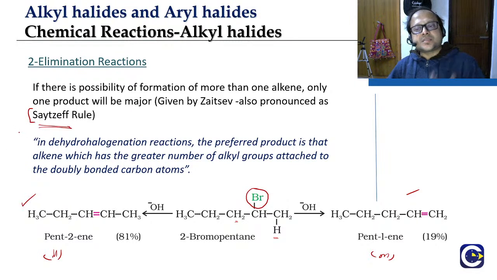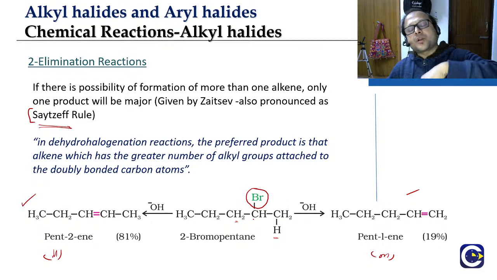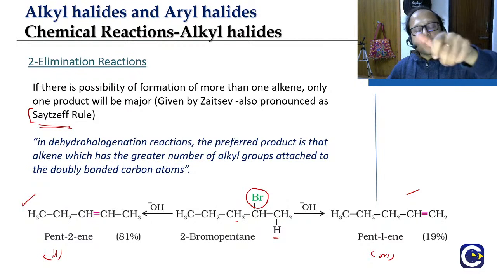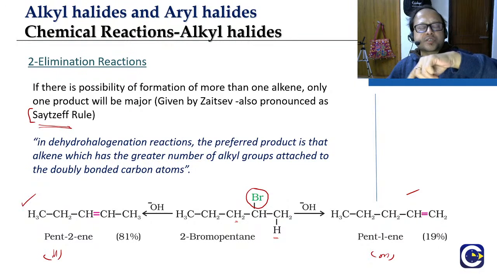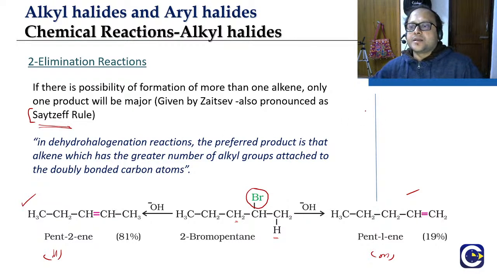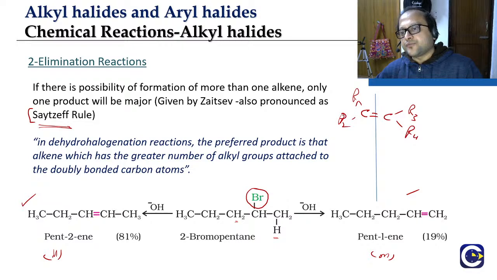So basically what happens here is that for elimination, after formation of the alkene, whichever has more alkyl groups present on the double bonded carbons is always more stable than any other isomer. For example, either you can have something like this, R1, R2, R3, R4, they could be the same also, but say these are 4 different groups.